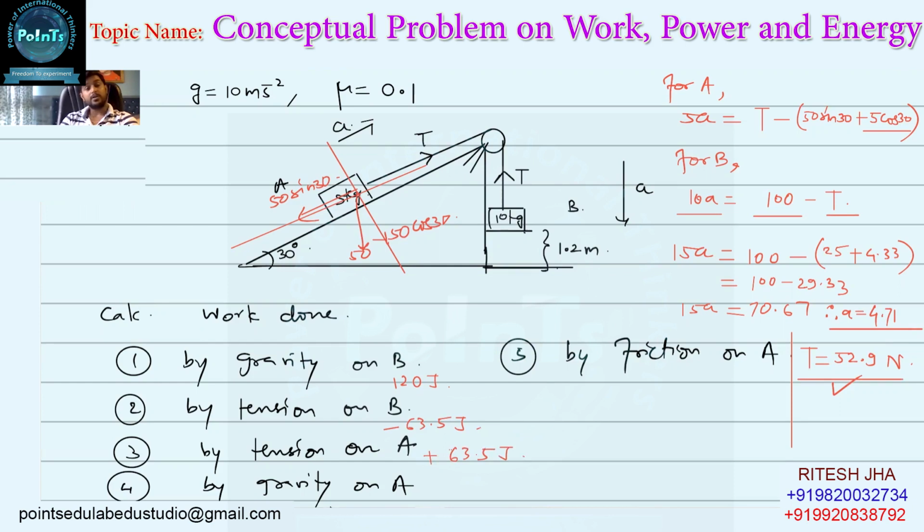What is the work done by gravity on A? Talking about the vertical plane doesn't make sense, because it does 0 work in this case, since cos 90 is 0.